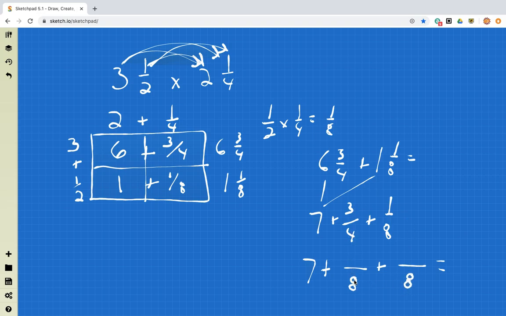So 3/4 written as eighths is going to be 4 times 2 is 8, so 3 times 2 is 6. And, well, that gets to stay 1/8, doesn't it? Now I've got 7 plus 6/8 plus 1/8. That's going to be 7 7/8. That, my friends, is the more beautiful answer.